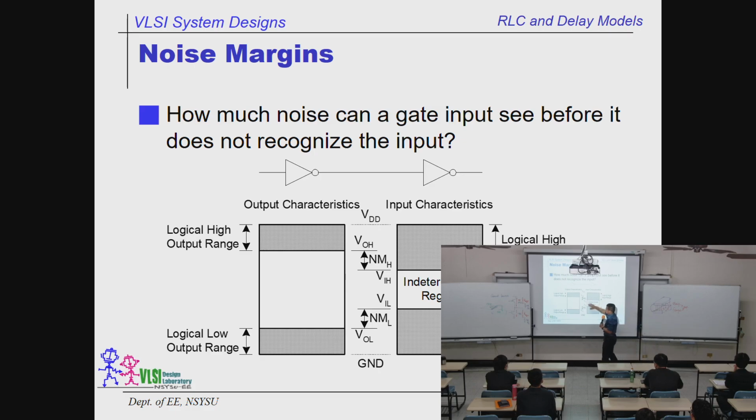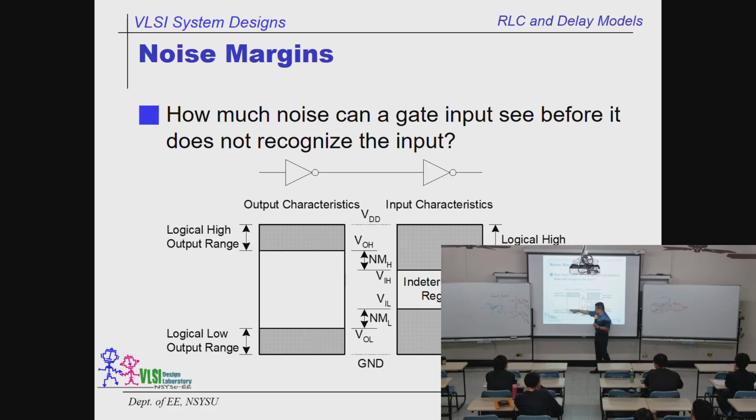Let me repeat again. This guy sent out a signal. If it's higher than this one, the second guy has to know that this is high. If it is below this one, this guy may misunderstand the signal.